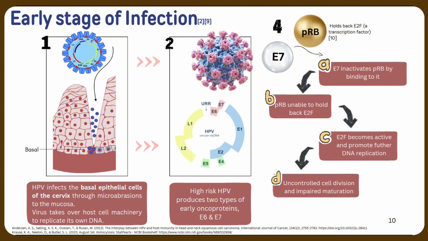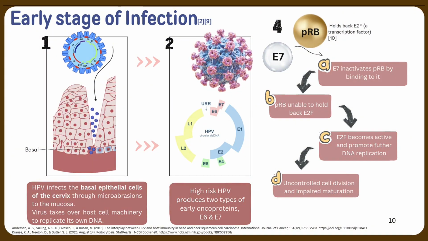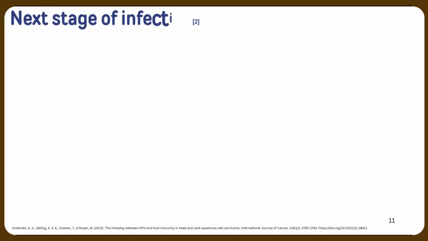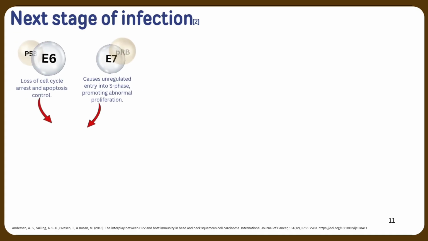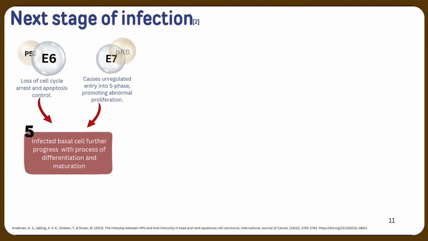divisions and impaired maturation. For the next stage of infection, as E6 causes loss of cell cycle arrest and apoptosis control, and E7 causes unregulated entry into S phase promoting abnormal proliferation, the infected basal cell will further progress with the process of differentiation and maturation.